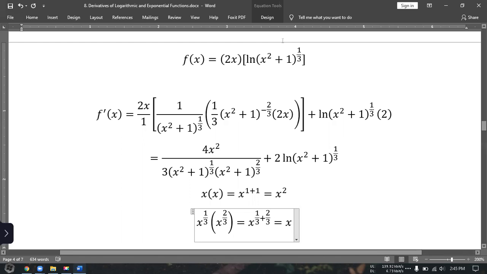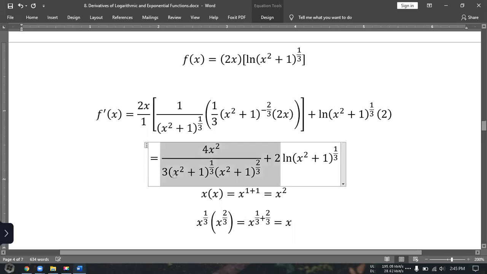We'll be applying that in our denominator. Okay. X squared plus 1 raised to 1/3 times x squared plus 1 raised to 2/3.